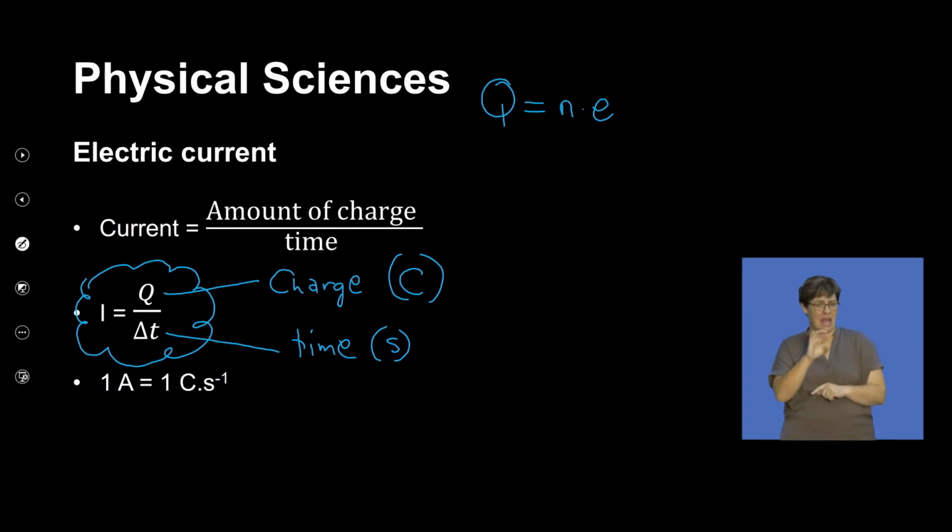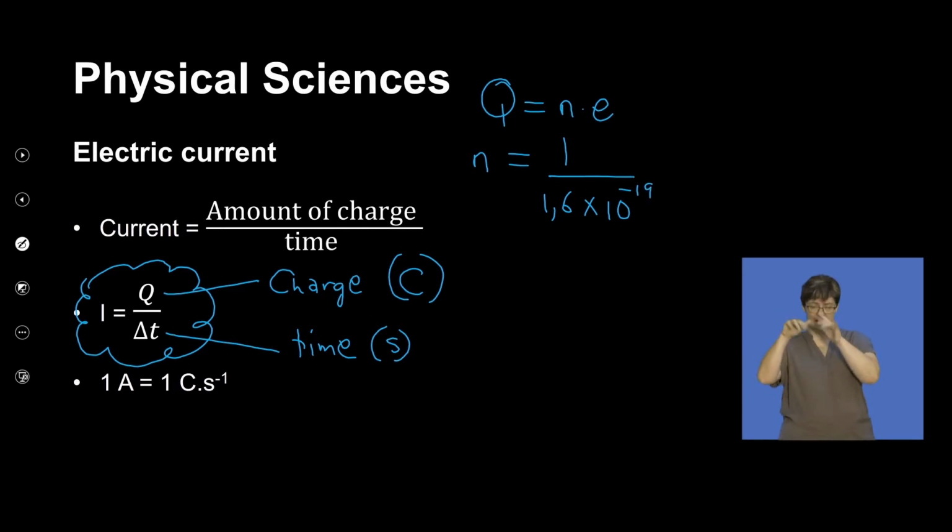We can determine the number of electrons, in this case 1 coulomb divided by the elementary charge, which is 1,6 times 10 exponent negative 19. Let's check how many electrons make up a charge of 1 coulomb so that we better understand this.